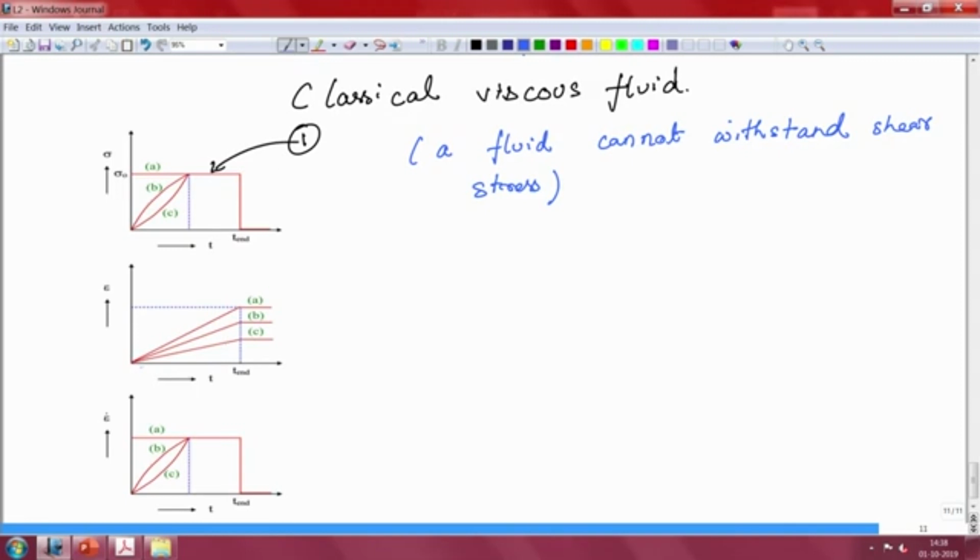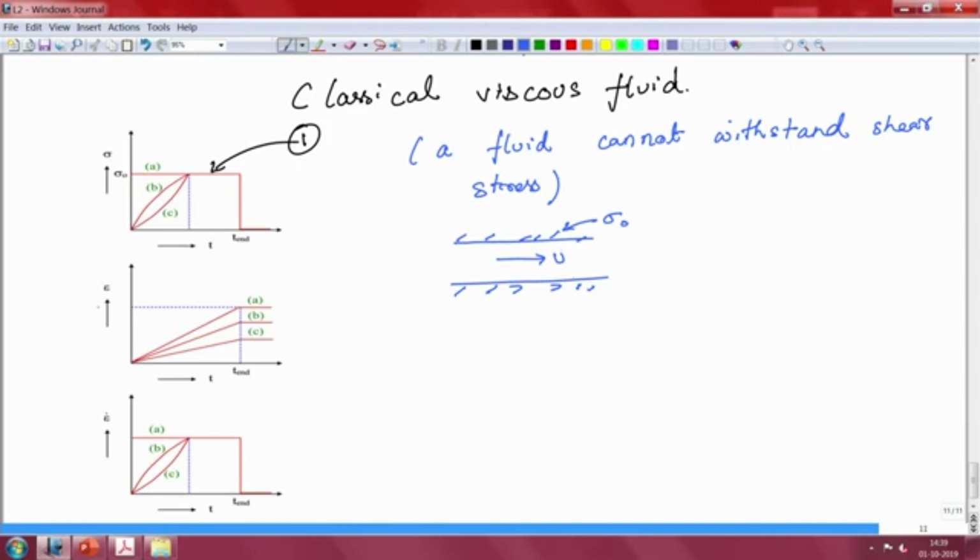You have a strain, but this strain starts increasing immediately because the material is flowing. Imagine a parallel plate situation where you are applying your sigma naught. The fluid initially is at rest, but will immediately start to flow in response to this.